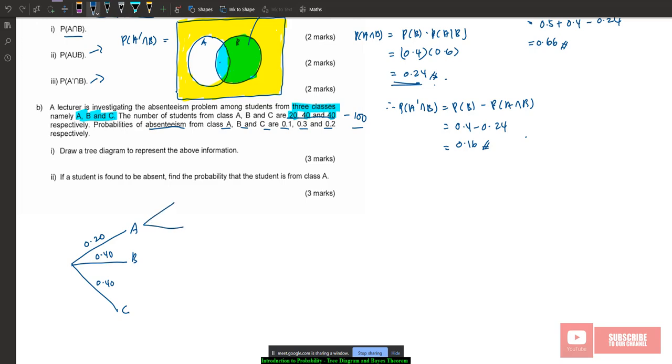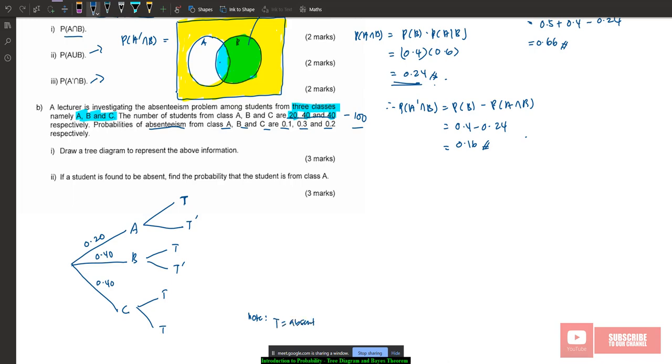In each class, let's put T as absent (tidak hadir), and T complement for not absent. You should put a note here that T means absent.